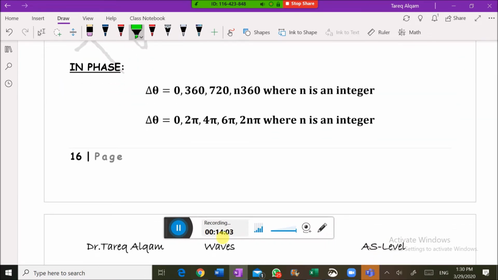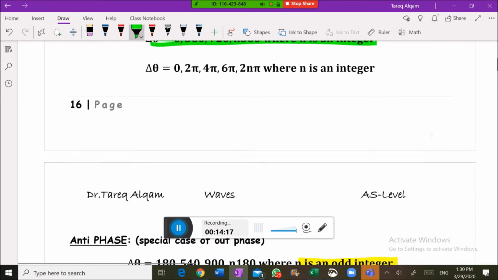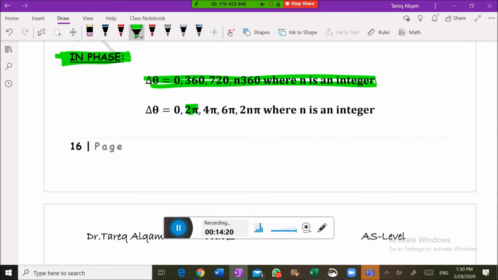And let's go back again to the phase difference or in phase. When can I say that the particles are in phase or oscillating in phase? When the phase difference between these particles is what? 360, or 2 pi, or any even integer multiple of pi. So 2 pi, 4 pi, 6 pi, all of these particles will be in phase, or 360, 720 and so on.